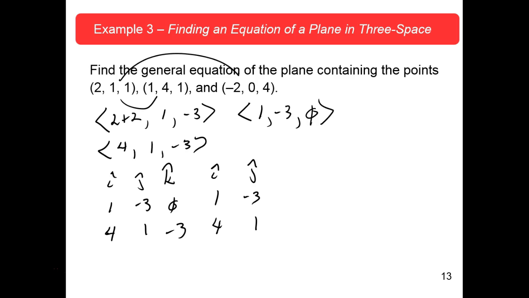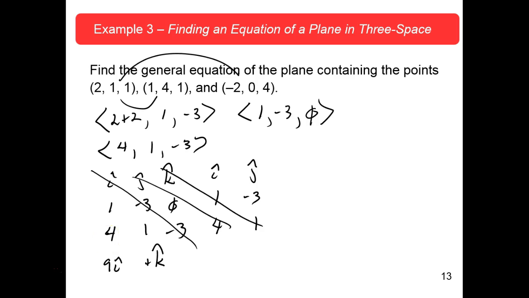Then do your down diagonals here, and what does that give you? 9i. 0j. Plus k. Okay. I've never seen it with IJK and then another IJ.